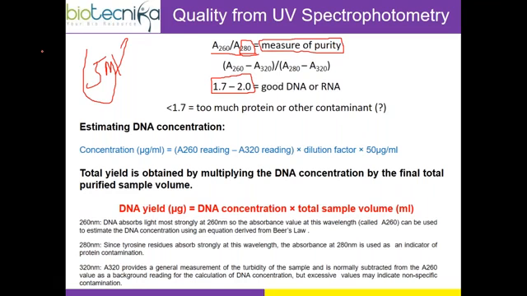Now I am going to find the concentration of DNA present in this sample. This is the purity. I confirm that there is no protein here. I have only DNA or RNA. Now in this 5 ml, I am going to find the concentration.